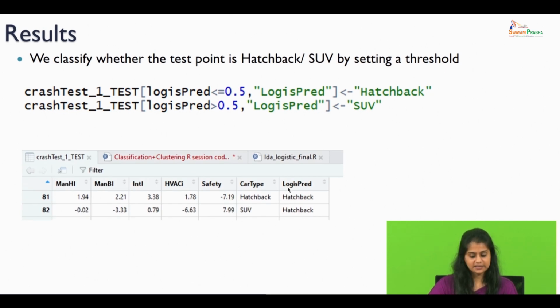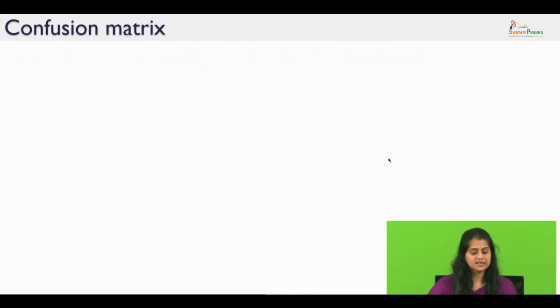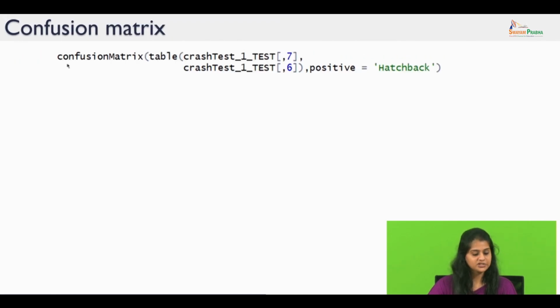The last column, which is the 7th column, contains the predicted values, and under each of these I have whether it is hatchback or SUV. The reason to do this is to check how accurately our classifier is able to classify unseen data. So now let us look at the confusion matrix. The function is confusionMatrix with a capital M. To use this function you should have already loaded the library caret.